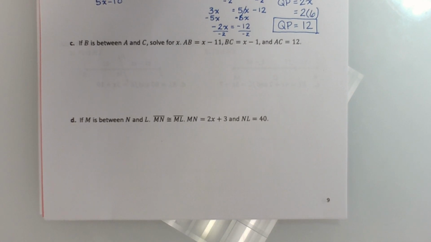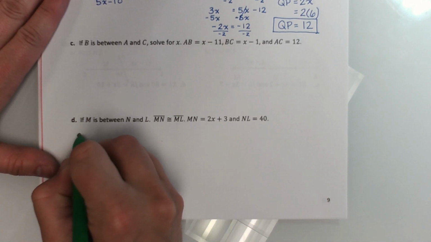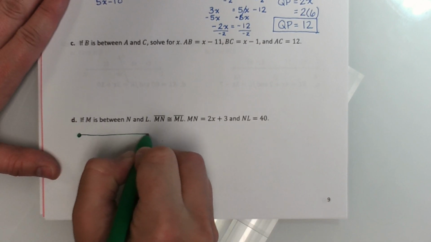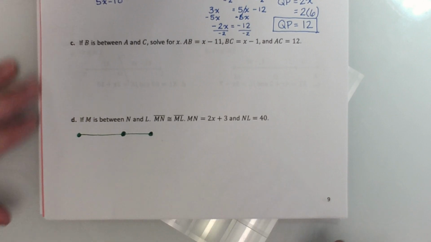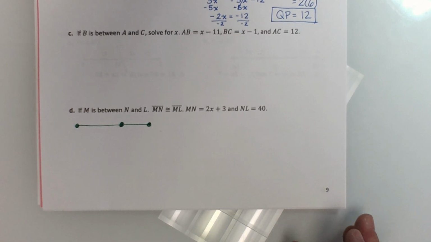Okay, let's skip down to the final problem. Final problem says M is between N and L. I see that between word, so I draw my 3 dots.